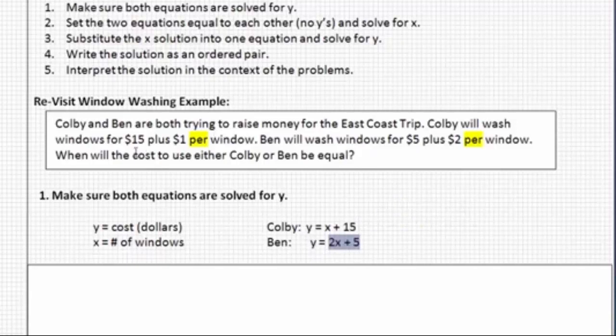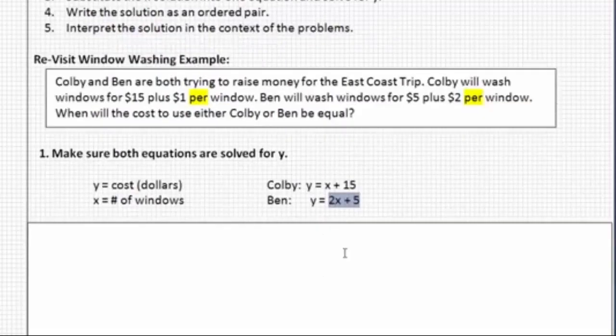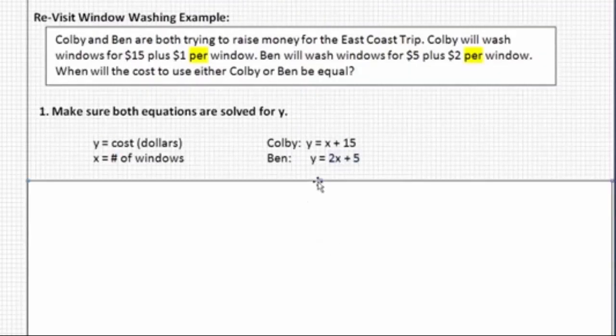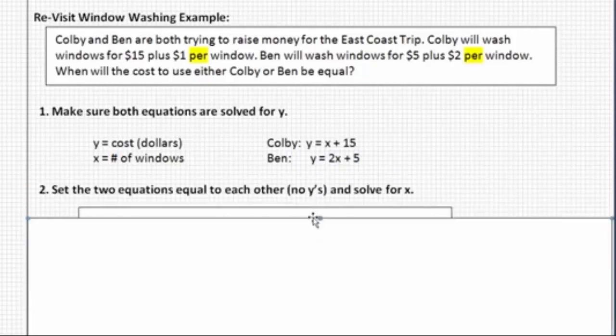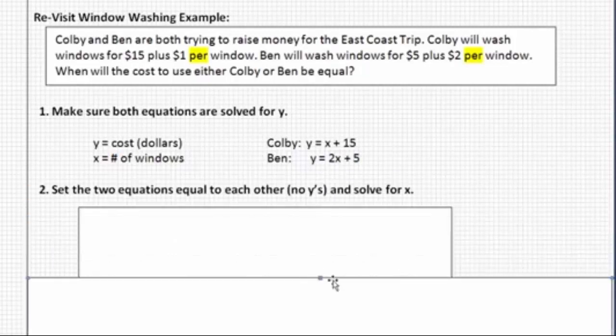And what we want to know is when will the cost, y, be equal? So we want this y value to be the same for both Colby and Ben. We know that this expression is equal to that value, and this is. So we can drop these y's off and set them equal to each other. That's our second step.